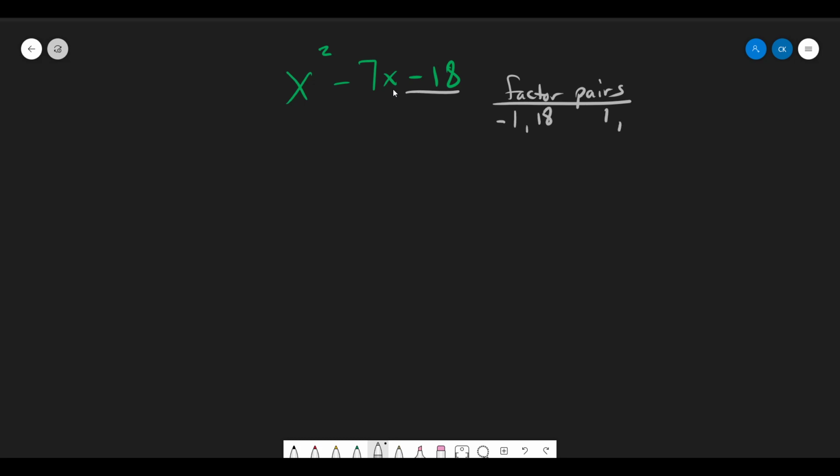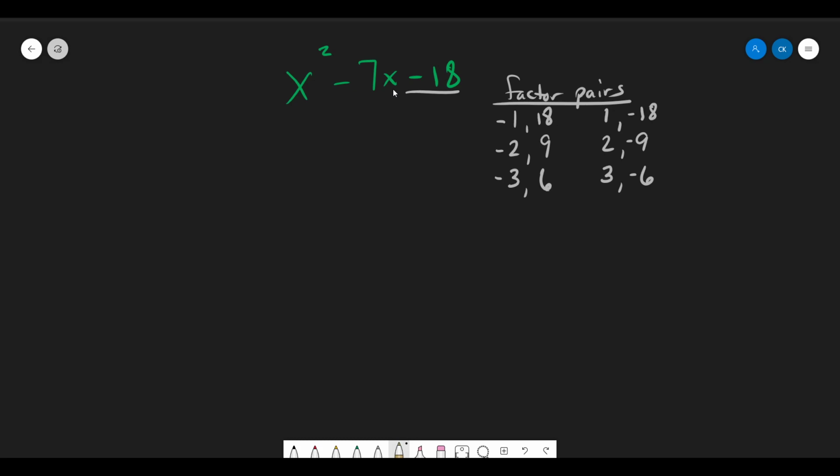It could be +1 and -18. It could be -2 and 9. It could be +2 and -9. It could be -3 and 6. It could be +3 and -6. And it looks like that's about it. So those are my possibilities.